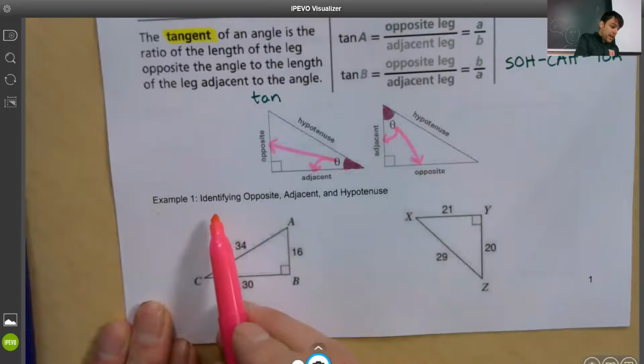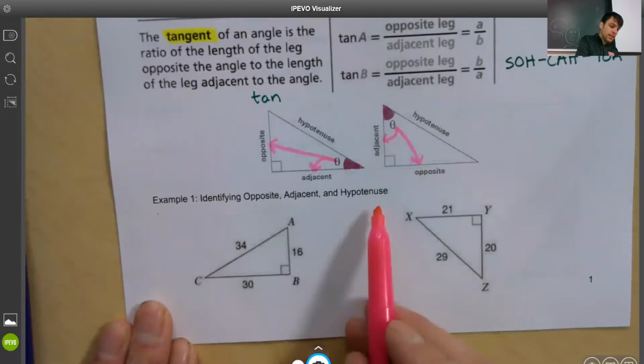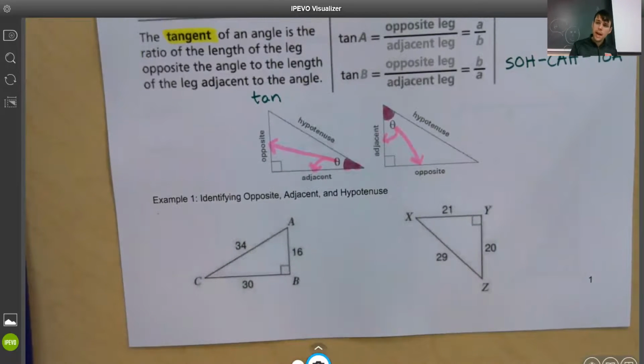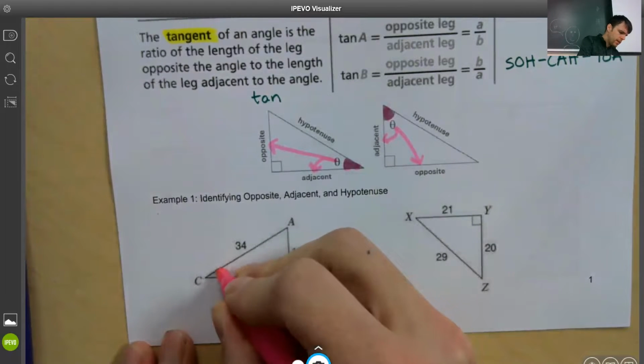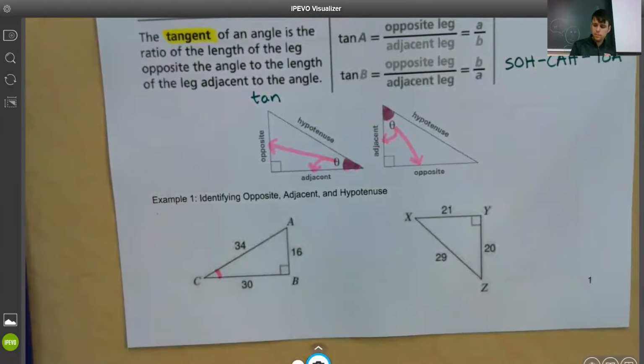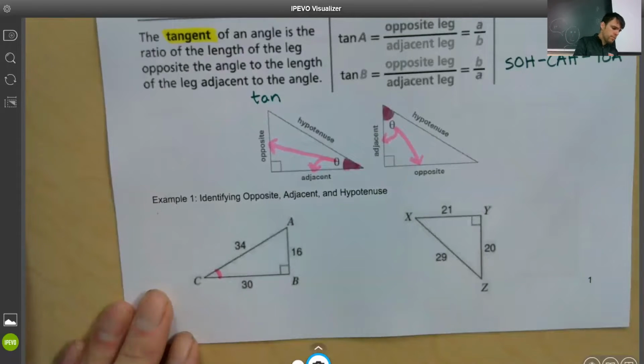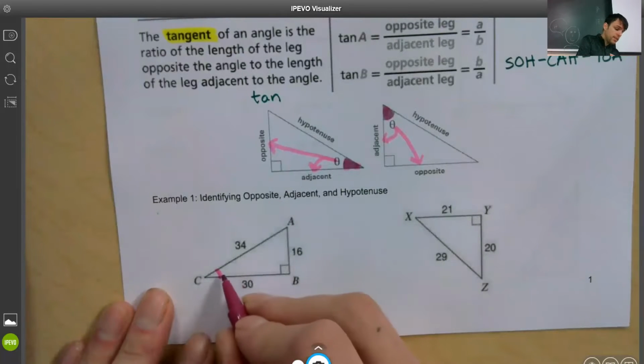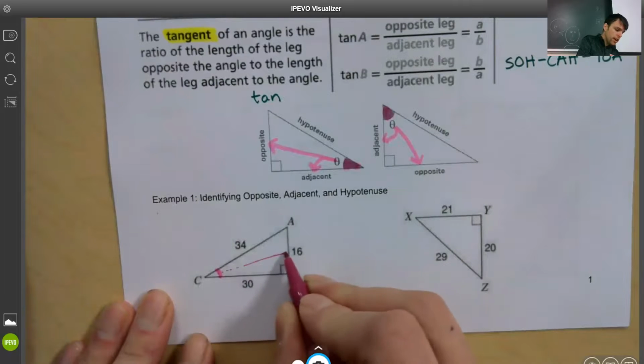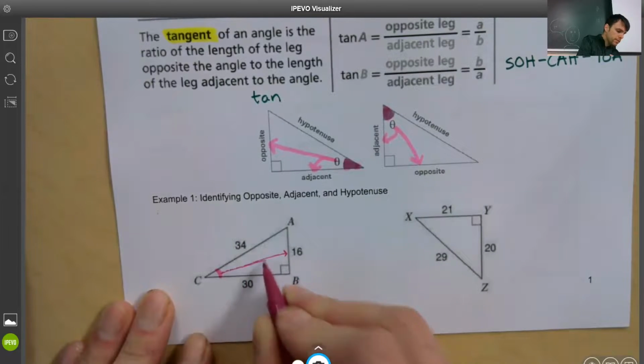So we're going to be identifying the opposite, adjacent, and hypotenuse. So in order to accurately do this, we do need to pick an angle as the angle that we're using, because otherwise some of these things can change locations. So let's talk about angle C for this example. So the angle C, the opposite side here is going to be across the triangle from angle C. That's the side over here.